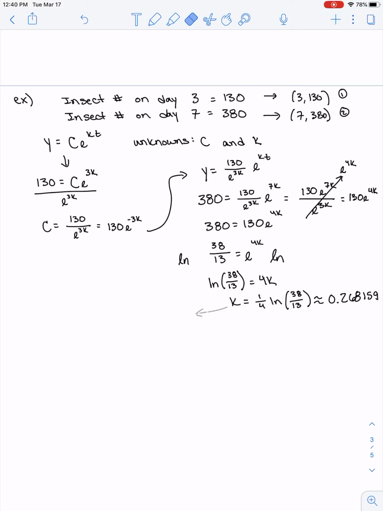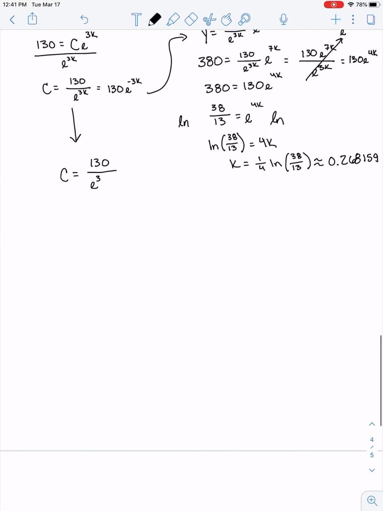Now if we take this c, we get that c is equal to 130 over e to the 3 times the k value that we just found, which is 0.26815.